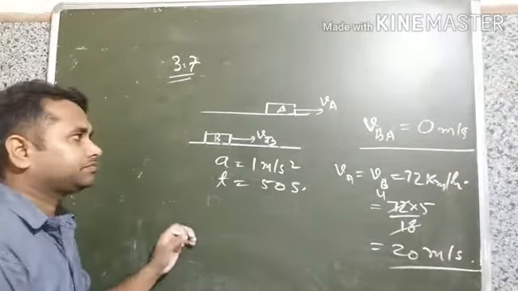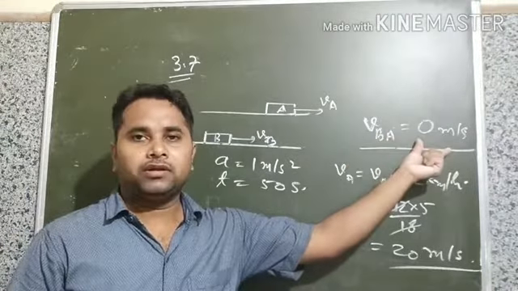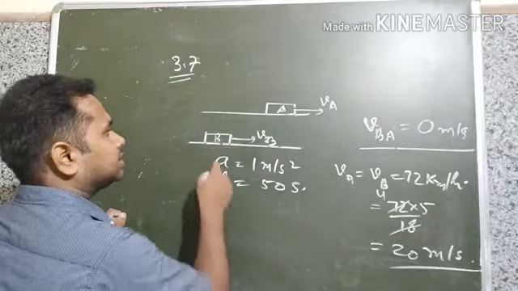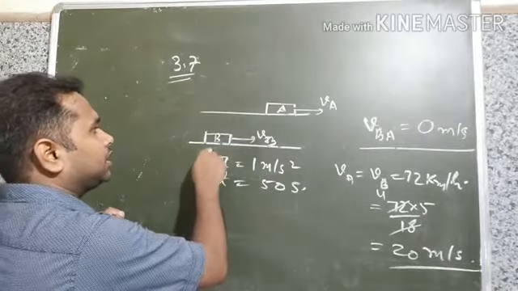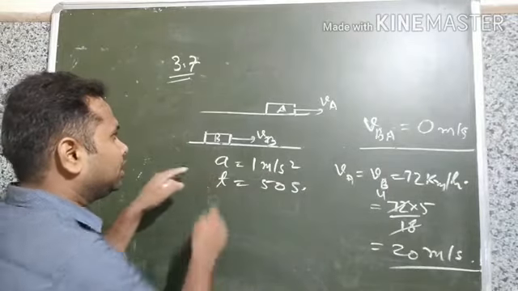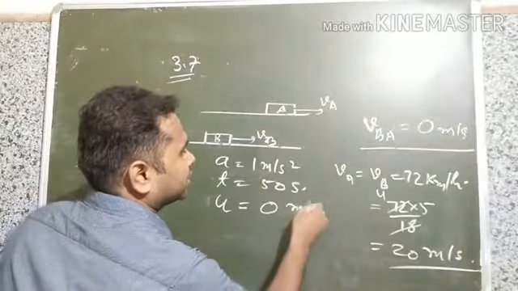Now listen: VBA is 0, which means it is the initial velocity. When B accelerated, just before the accelerated motion, its velocity was 0 meter per second.